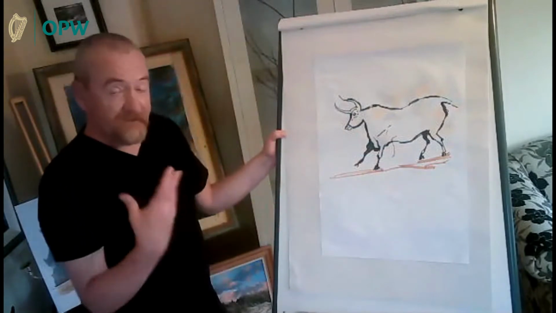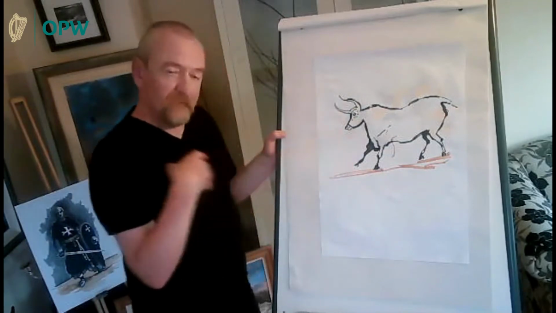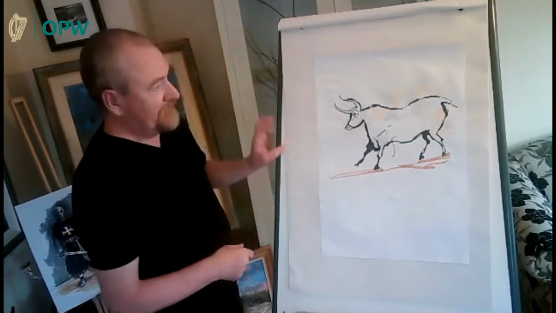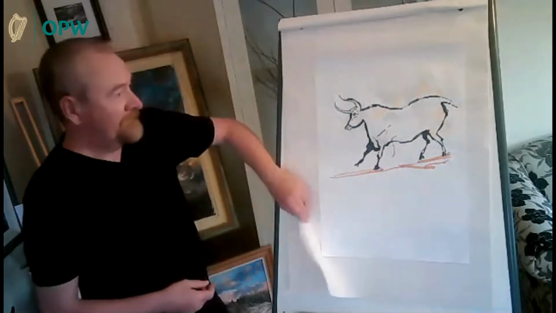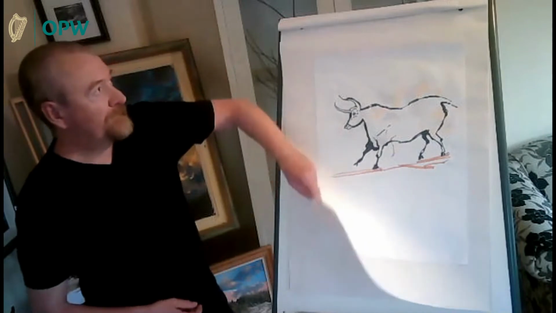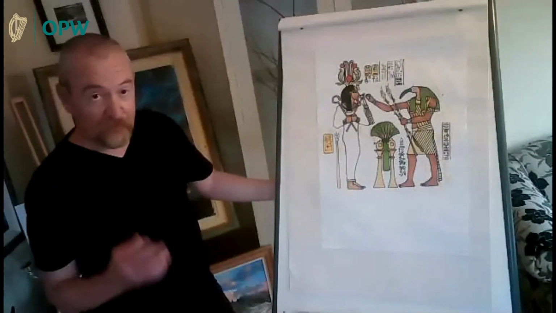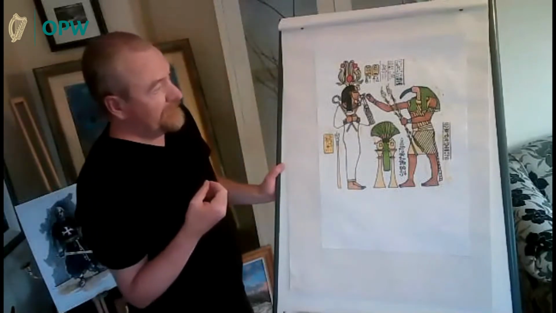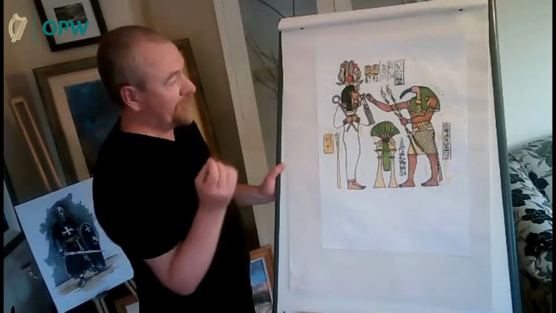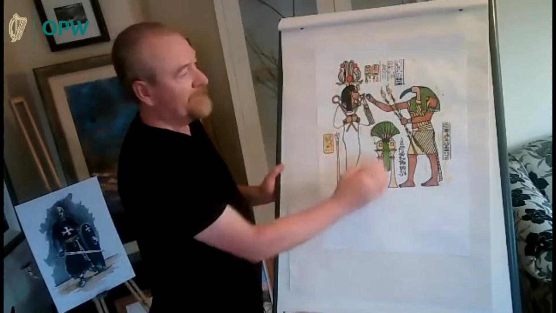So moving on in time from the caveman's visual storytelling, mostly of hunting and their environment, we move on to ancient Egypt, where again visual storytelling was really important. These, of course, hieroglyphics and wall paintings.